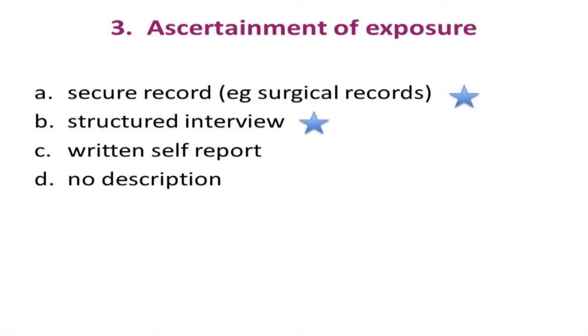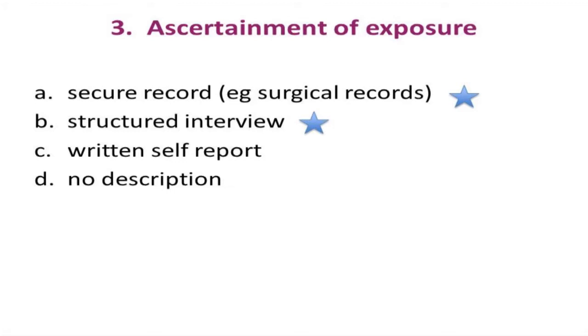And then you have to ascertain your exposure. And if you find medical records where it has been preferably objectively assessed, you have kind of measured something. That's very good. But you could also use a structured interview to assess exposure. But there you have to be cautious about whether the interview is taking place before or after the outcome took place.